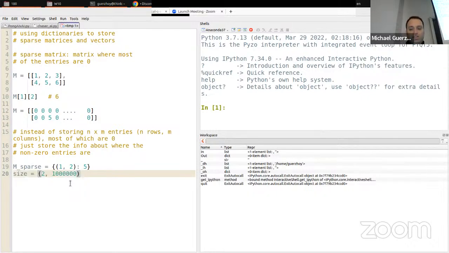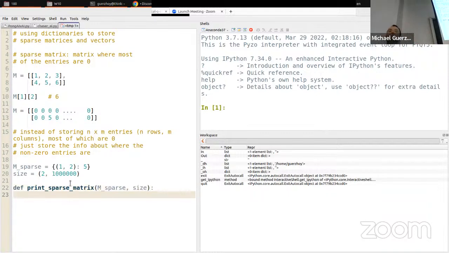So we can print this matrix. It'll take the actual matrix and it will take the size. So what do we need to do here? We need to print basically a bunch of zeros except for the entries that are non-zero, right? We have to print everything, so we might as well do a loop.